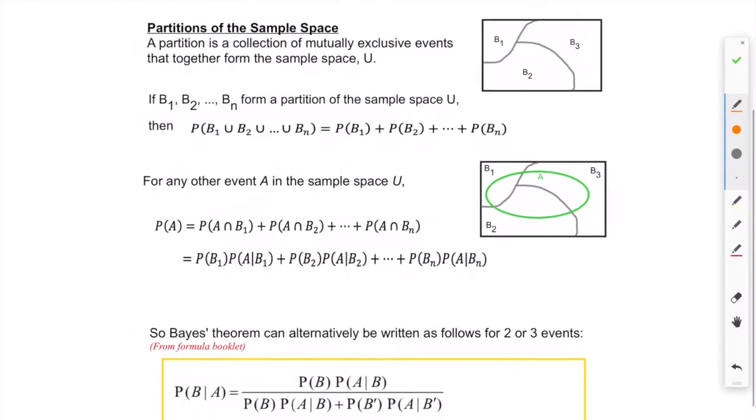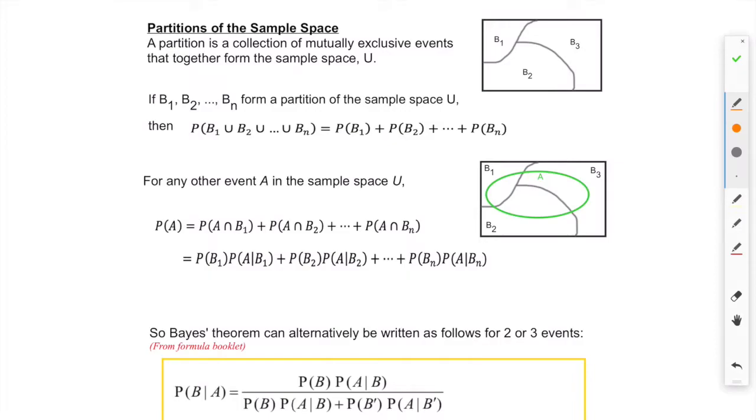What if a sample space includes, say, 3 mutually exclusive events? What if a sample space U includes 3 mutually exclusive events B1, B2, B3 as shown in the first diagram here?